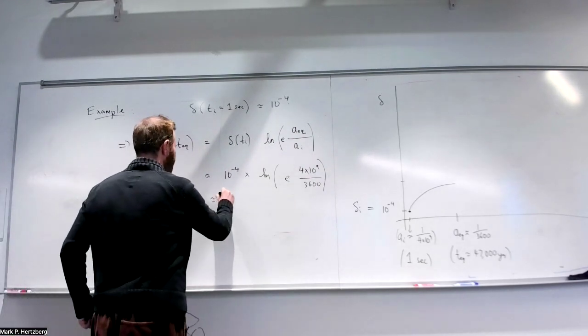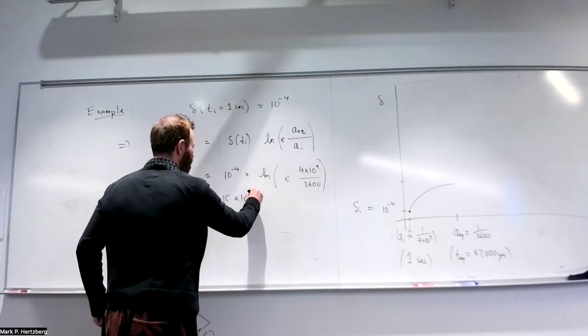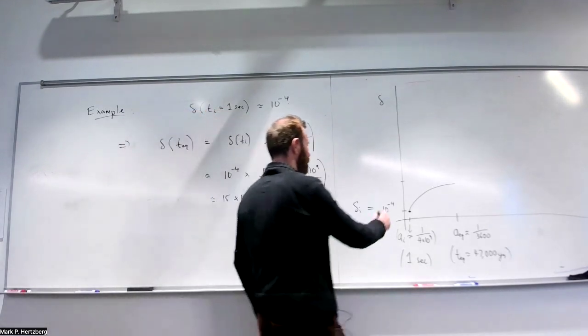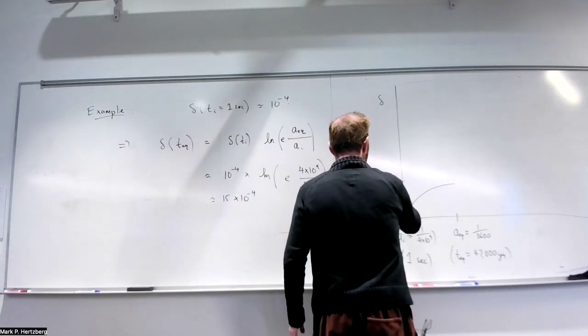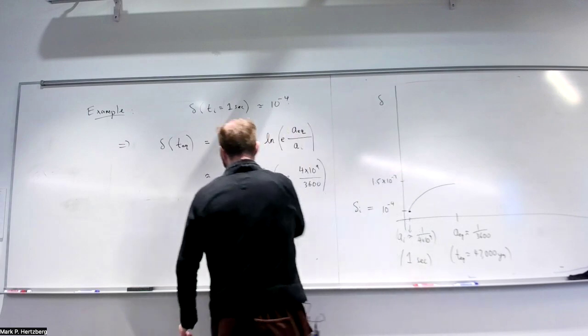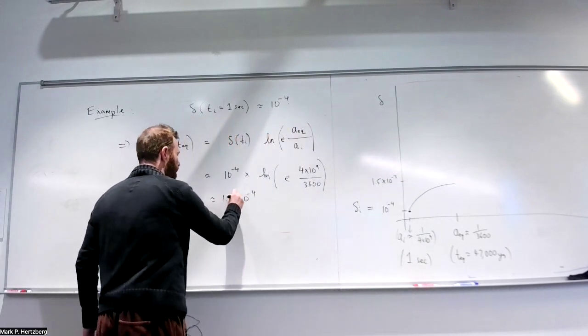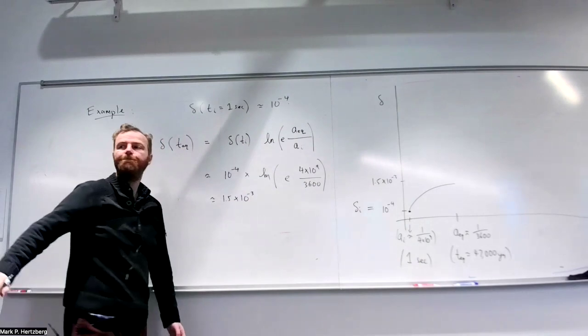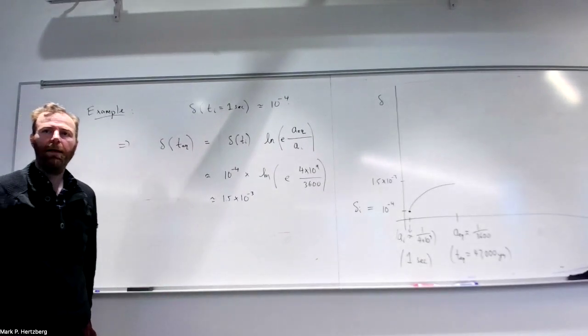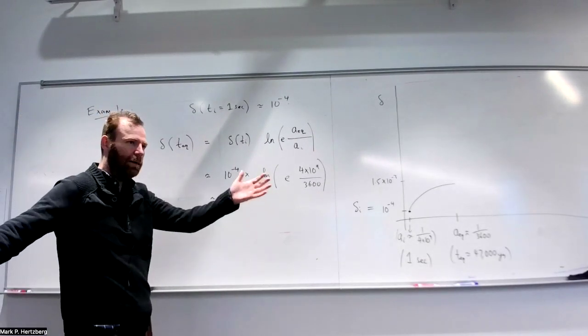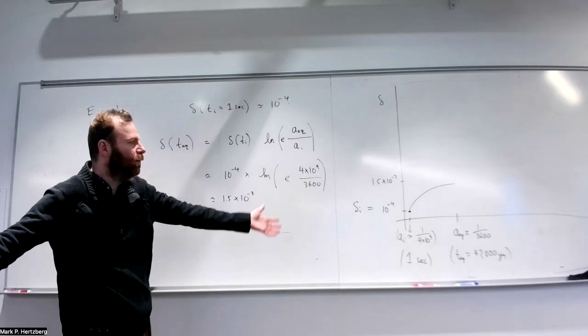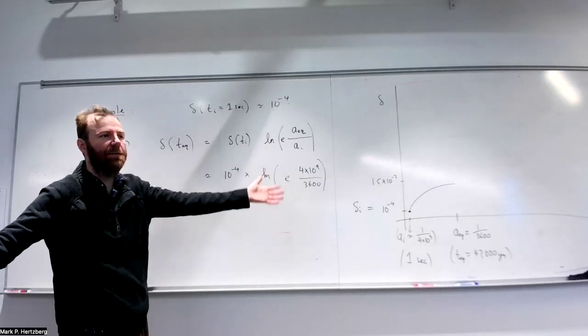So this is about 15 times 10 to the minus 4. I guess I can write 1.5 times 10 to the minus 3. It's just as an example. Okay, this pathetic log growth is something. The density contrast in this simple example from the very early universe grows by, let's say, 15.